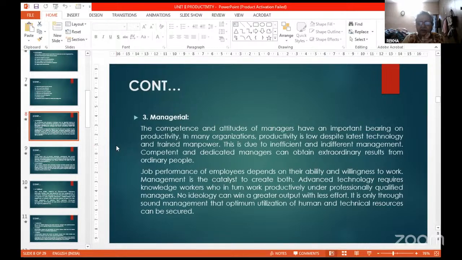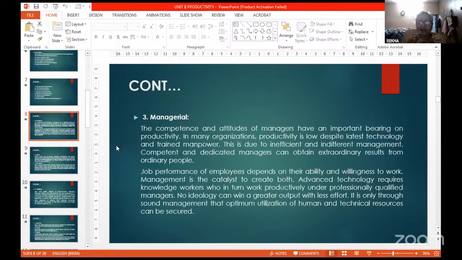Advanced technology requires knowledge workers who in turn produce productively under professionally qualified managers. Because sometimes, if the manager is not technically savvy, the workers can make a fool of him and say this will not happen, this will happen.